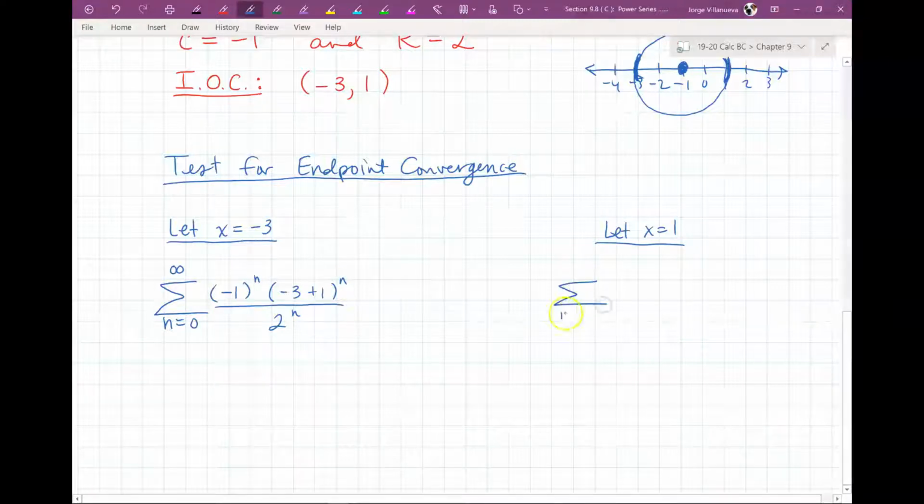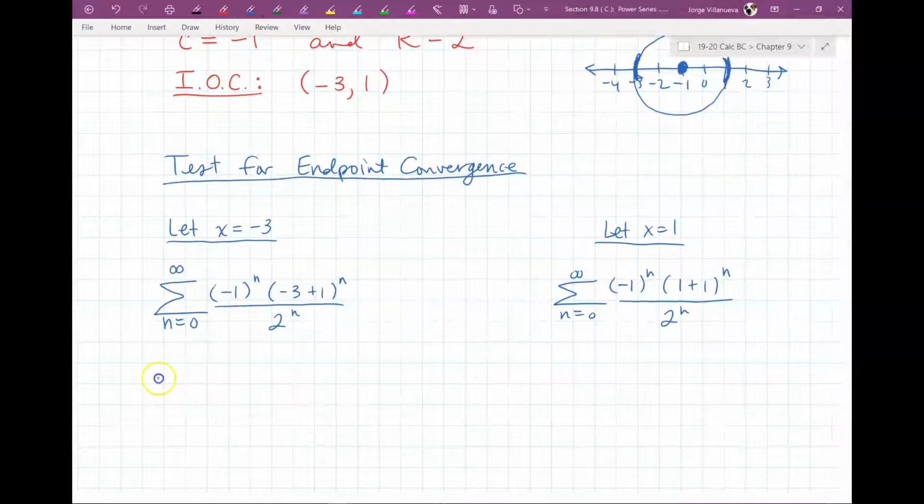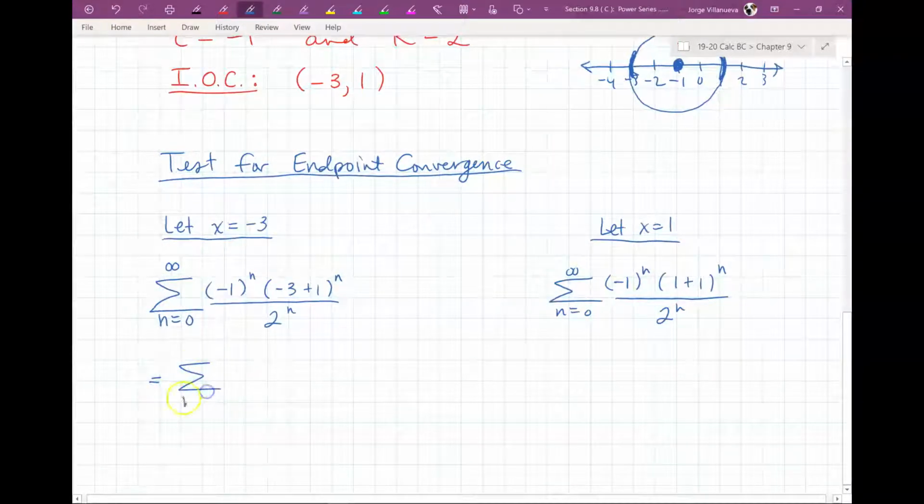So this is going to be the sum as n goes from 0 to infinity of -1 to the n, x plus 1, so that'd be 1 plus 1 to the n over 2 to the n. But we'll start with the left side first. So let's simplify. This is the sum as n goes from 0 to infinity of -1 to the n, -2 to the n, over 2 to the n.